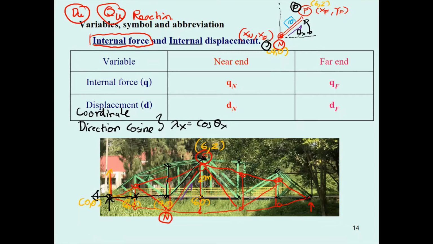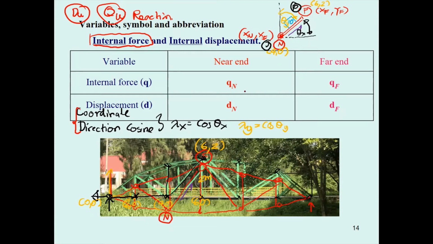And the other way, we specify the angle here to be theta sub y, and we say this is lambda sub y, equal to cosine theta sub y. Now you can compute to determine the direction of the member based on this.